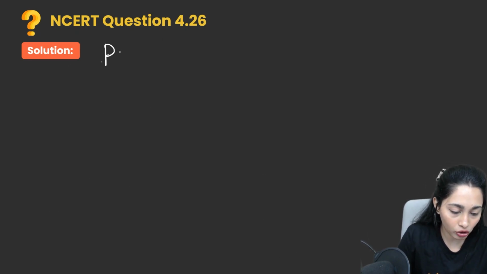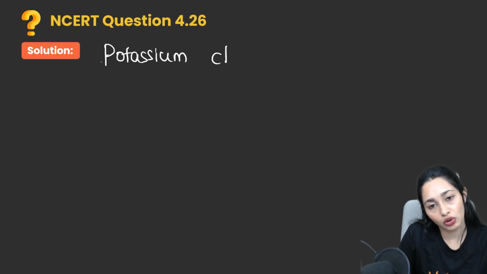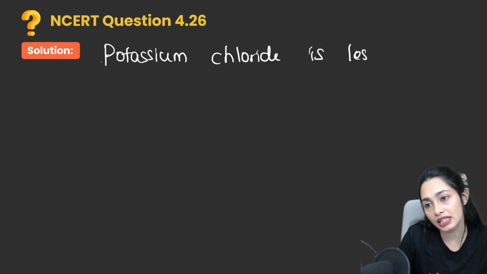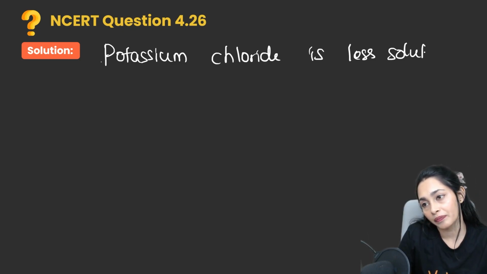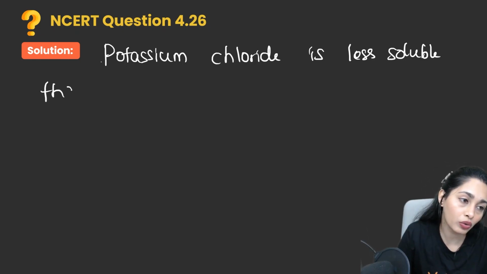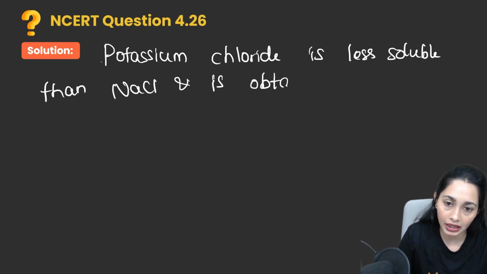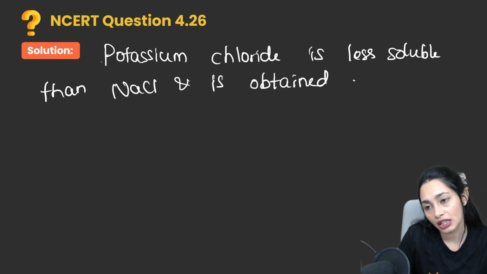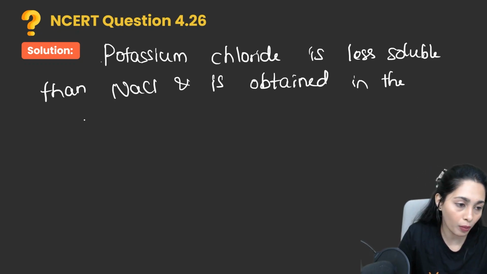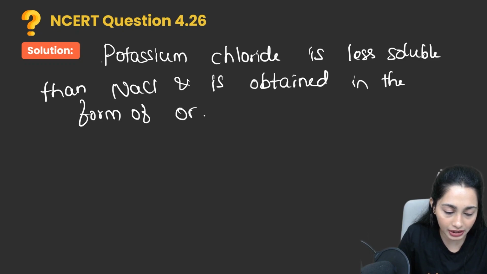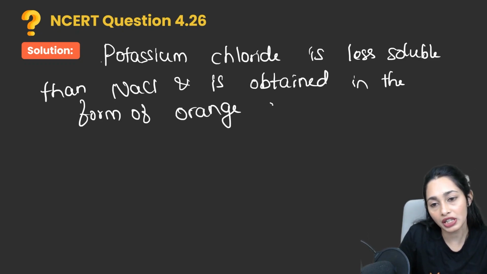But potassium dichromate is less soluble than sodium chloride and is obtained in the form of orange colored crystals.